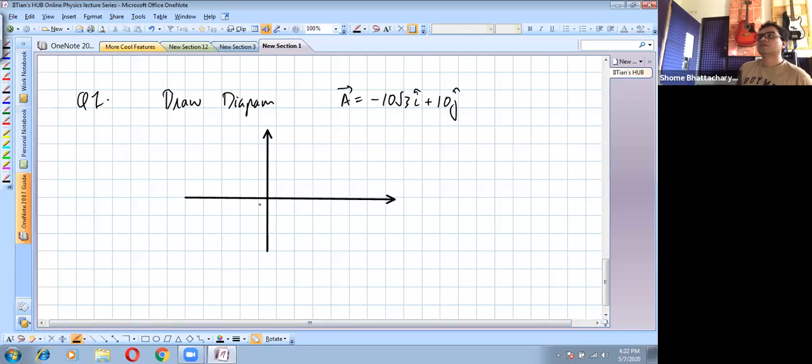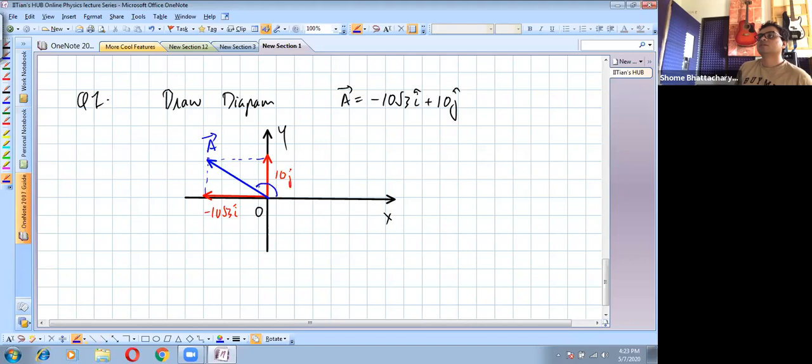It has a negative x component and a positive y component. The x component is minus 10 root 3 i cap, the y component is positive 10 j cap. So the vector itself is the one which is coming from the sum of these two. It will be the hypotenuse over here.